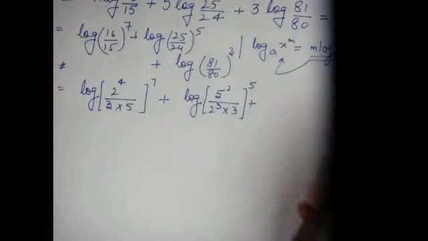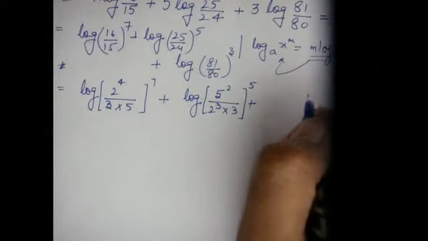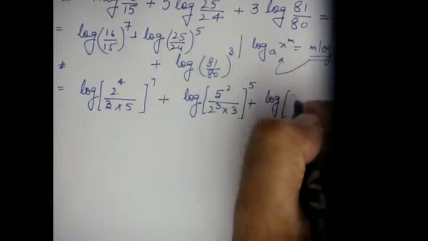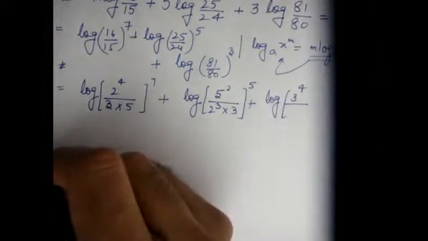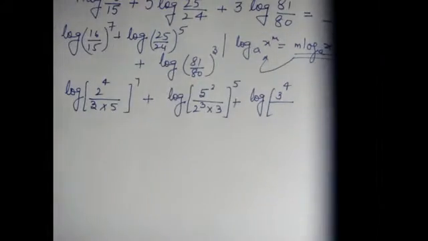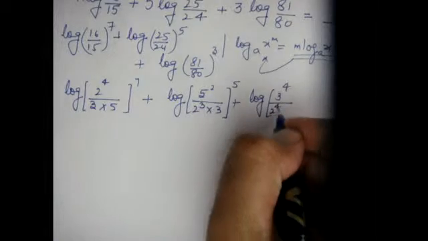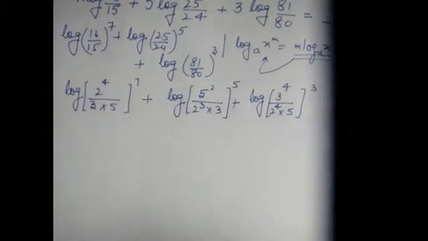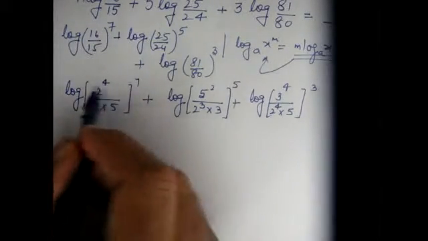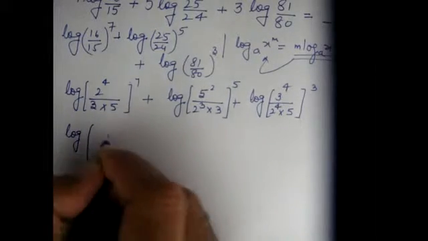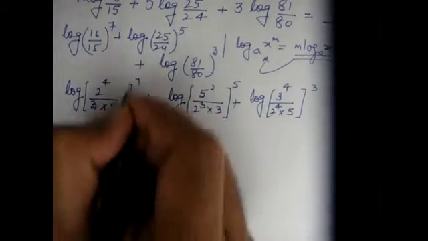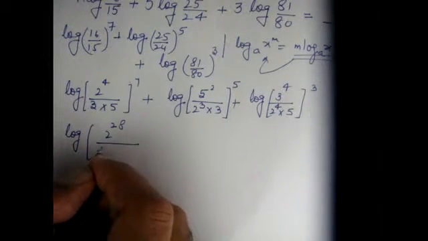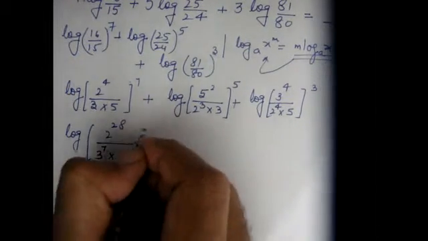Now the last term, log of 81/80. 81 can be written as 3 to the power 4, and 80 can be written as 16 times 5, and 16 can be written as 2 to the power 4, so 2 to the power 4 times 5, and the whole is raised to the power 3. Now this 7 will multiply with 4, so that will give log 2 to the power 28, and this 7 will multiply with the power 1 of 3 and power 1 of 5, so we will have 3 to the power 7 times 5 to the power 7.